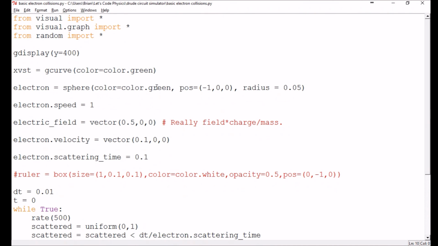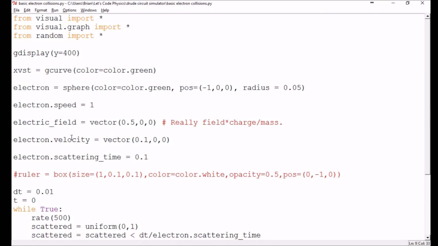In my chemistry textbooks, electrons are always green, so I always envision electrons as green particles. I know they don't actually have a color, but that just helps 10th grade me remember which particle I'm dealing with. We're going to start it over on the left-hand side of the screen. We are giving it a relatively small size compared to the size of the screen. We're going to say that its default speed, the speed that it resets to every time, is 1. That'll be sort of its base speed, if you will.